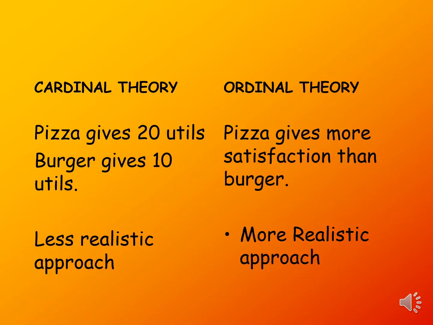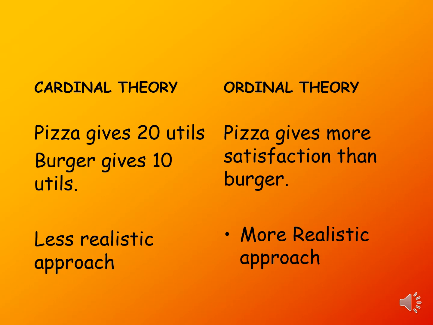Let us take an example and differentiate between cardinal theory and ordinal theory. A person is consuming pizza and burger and he says that pizza gives him 20 utils of utility and burger gives 10 utils. So here he has measured utility in utils and he has given more utils to pizza than to burger.